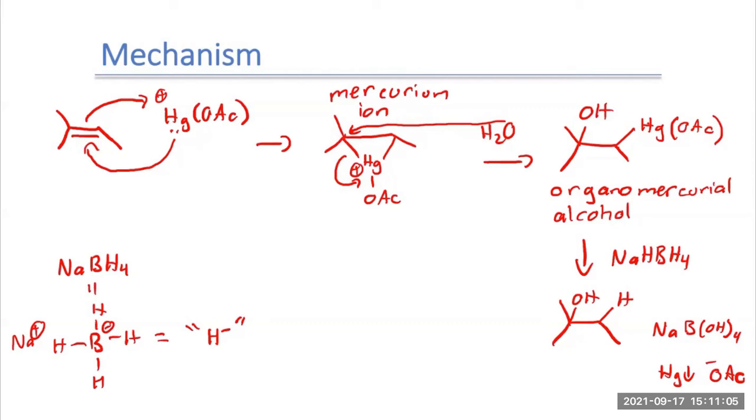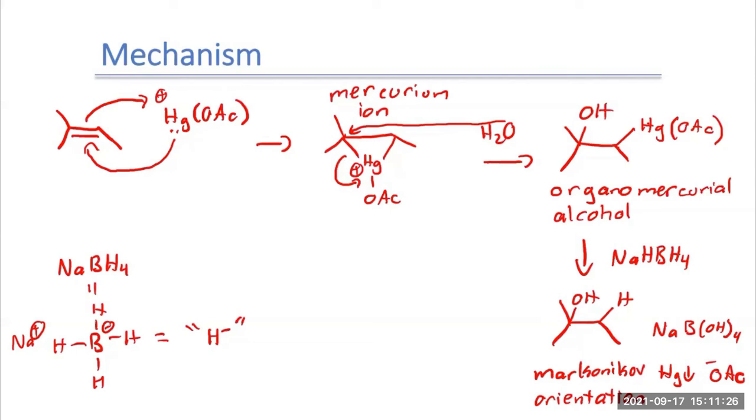And so this will give us our Markovnikov product. So we have Markovnikov orientation, where the hydroxyl group of the alcohol is on the more substituted carbon.